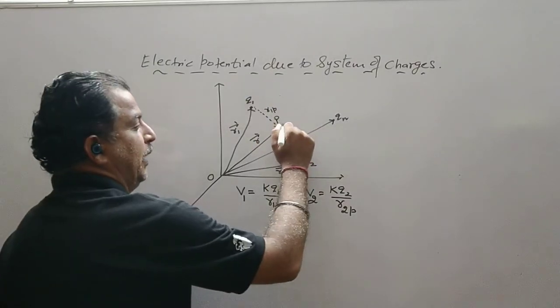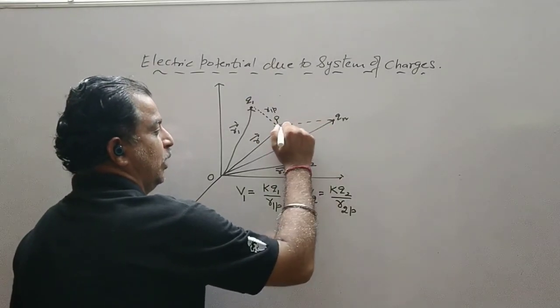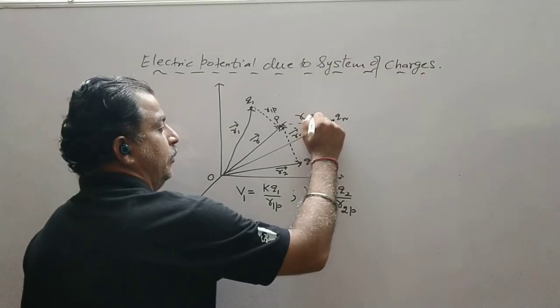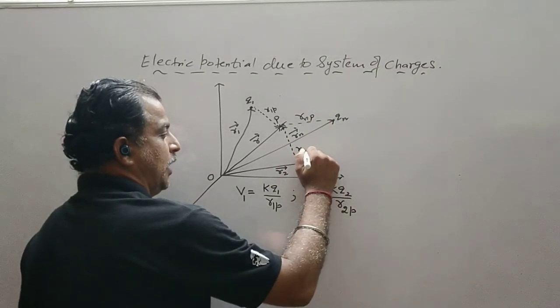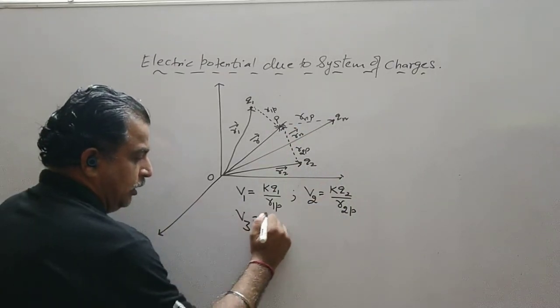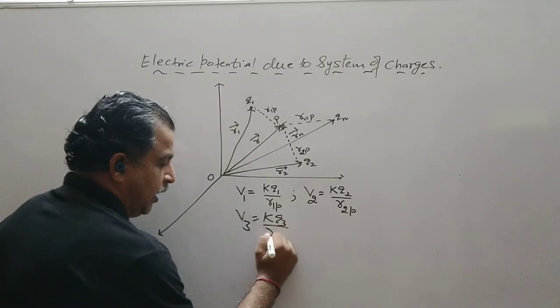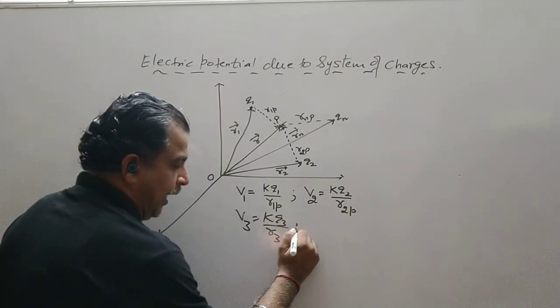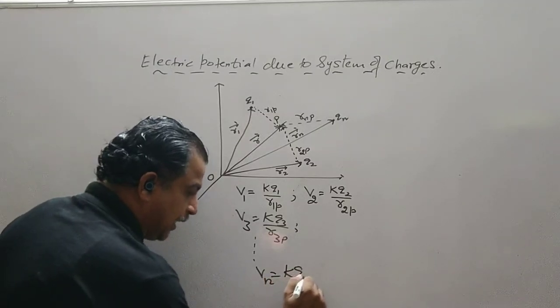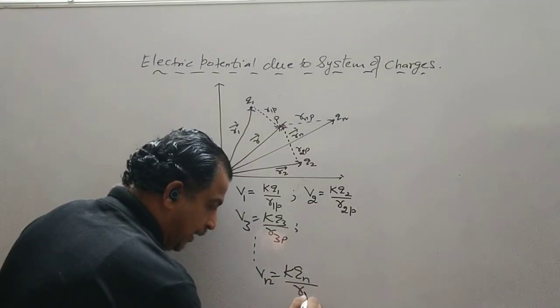Similarly, this distance will be RnP. So V3 is K Q3 upon R3P, and so on, Vn will be equal to K Qn upon RnP.